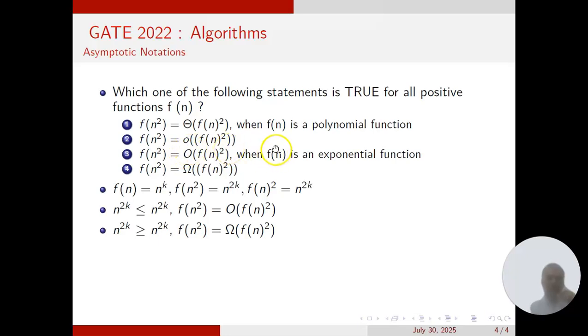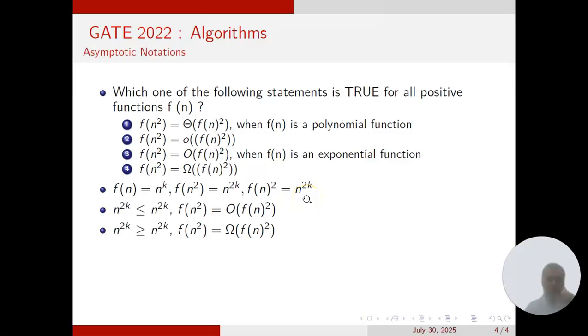That means limit n tends to infinity of f of n square by f of n whole square is 0. So it's actually n power 2k by n power 2k, that gives a 1. So that's not correct.